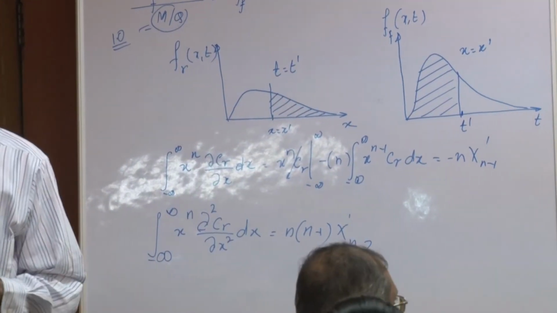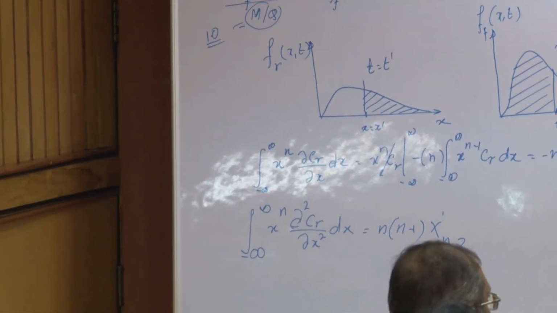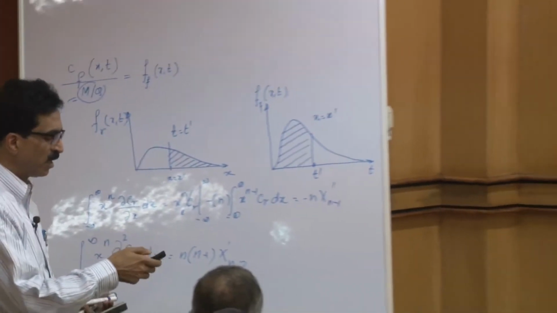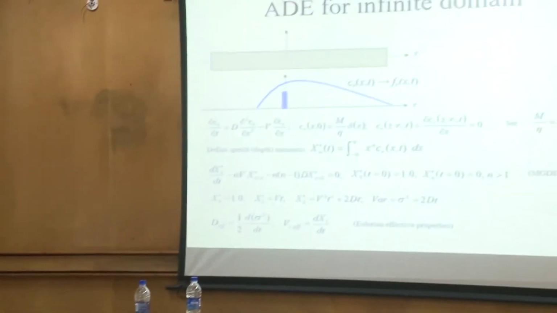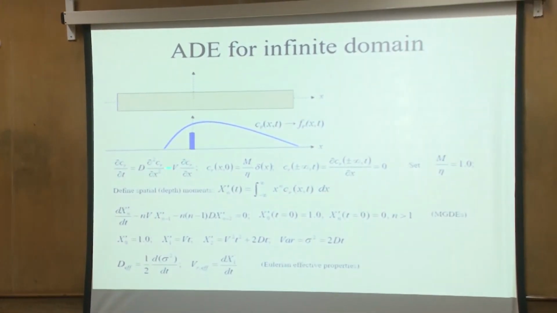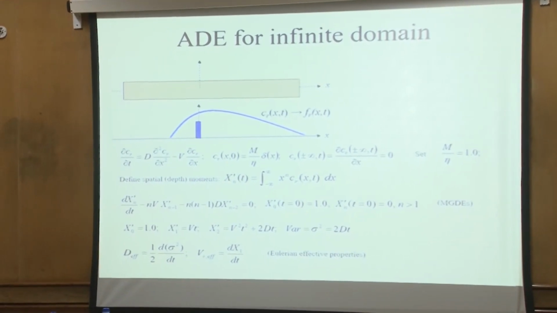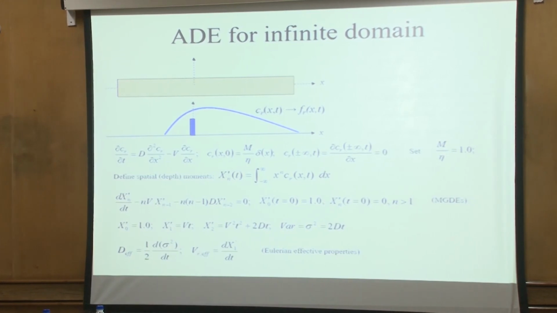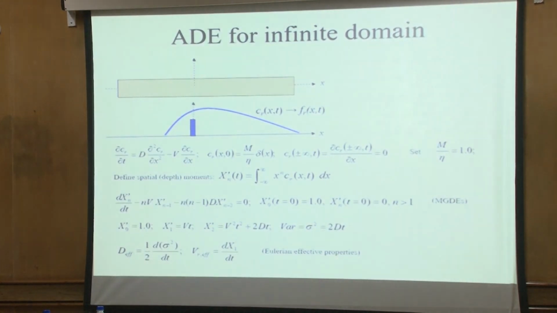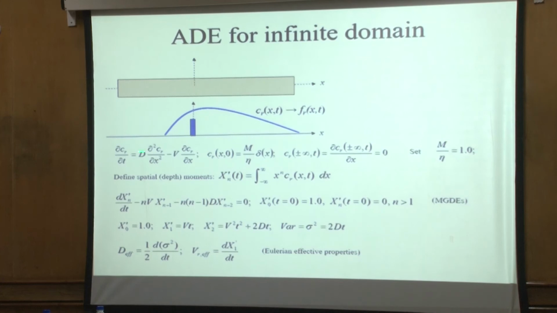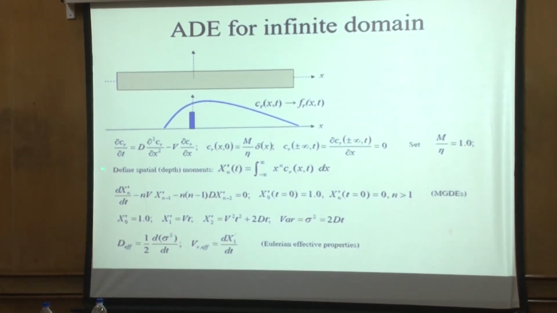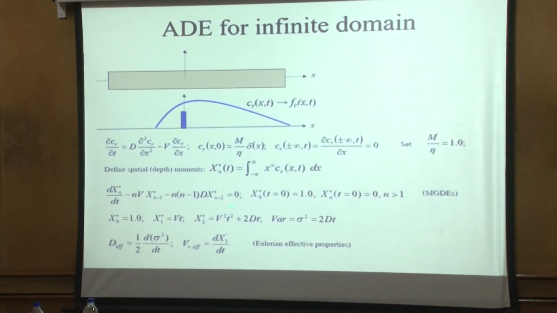So it's another integration by parts. So what that means is, when I have terms with these spatial derivatives, I use this definition. What I get is the spatial moment of a lower order, depending on what derivative I'm taking. So I can make these substitutions. I can go ahead, multiply all terms by x to the power of n, integrate from minus to plus infinity, and I get this equation.